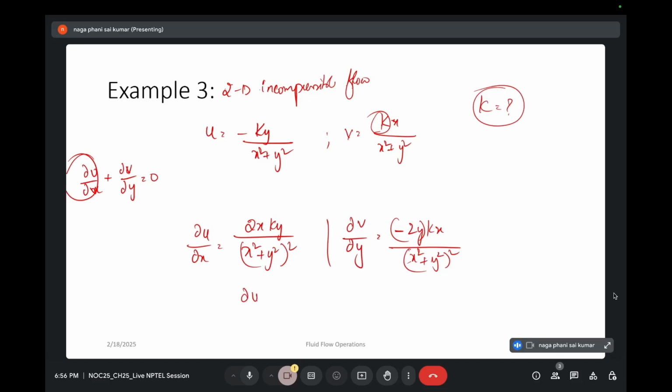Now add them up, ∂u/∂x plus ∂v/∂y, which is 2xy into k by (x² plus y²) whole squared minus 2xy into k by (x² plus y²) whole squared. This should be equal to 0, right? So this will be possible when, if you solve this, you will be getting k as 1.